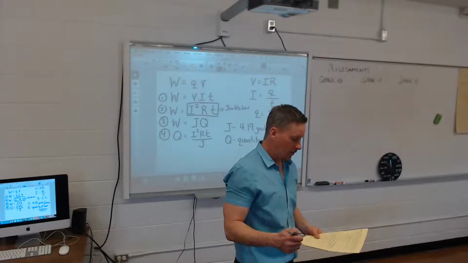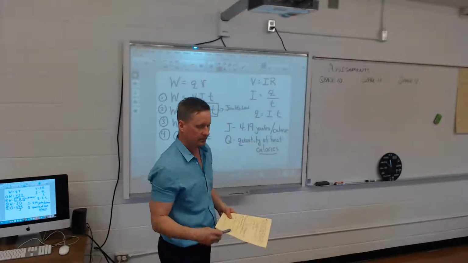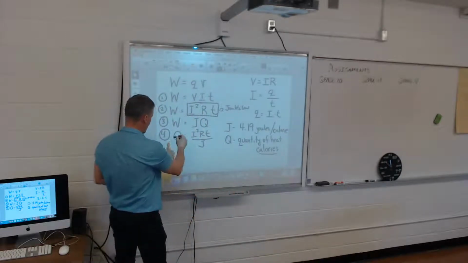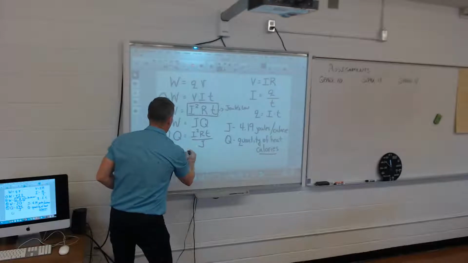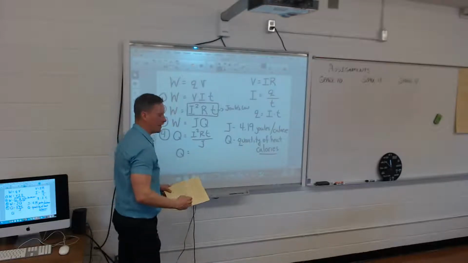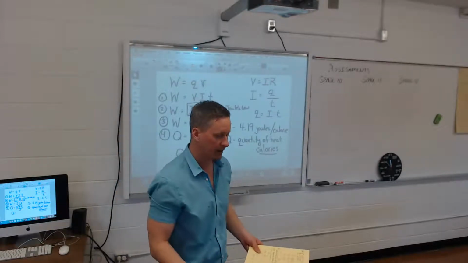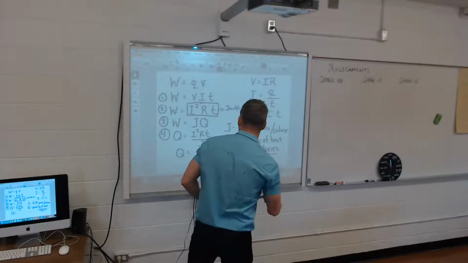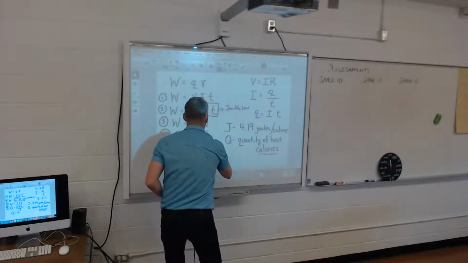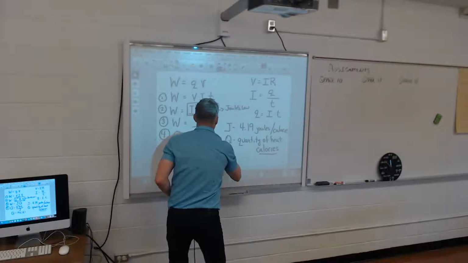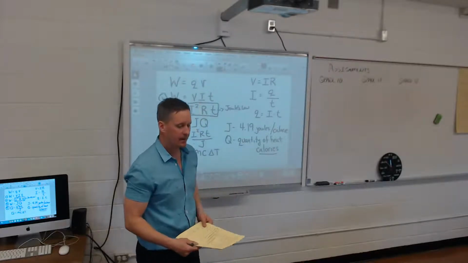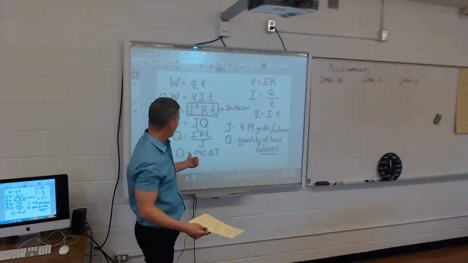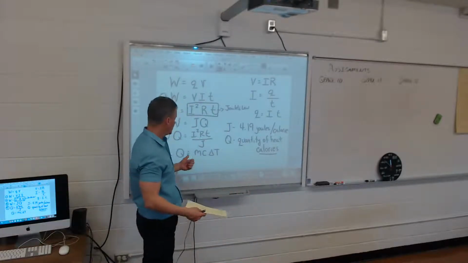Now we're going to get into a bit of chemistry in working with this. Another way of finding Q is not a physics one. This is one that you would work with in chemistry. So Q is heat being burnt, and you would work with it like this: m c delta T. M is the mass of the substance, so you try and find out how much heat is used.